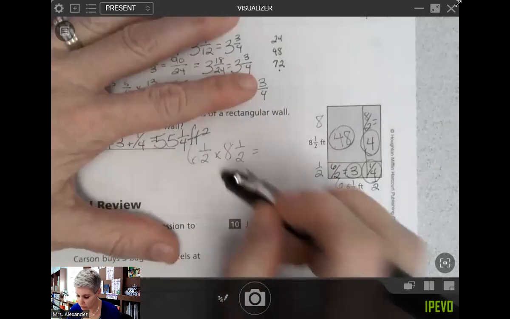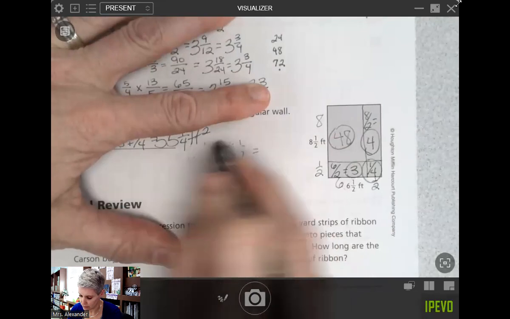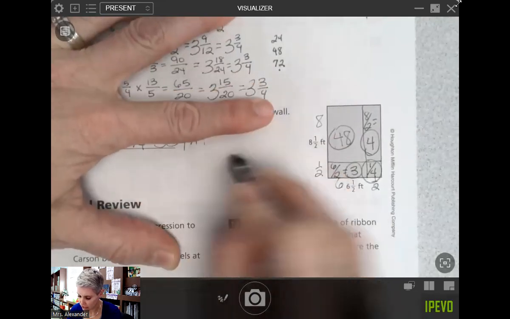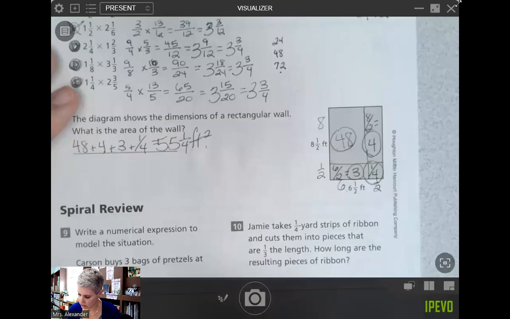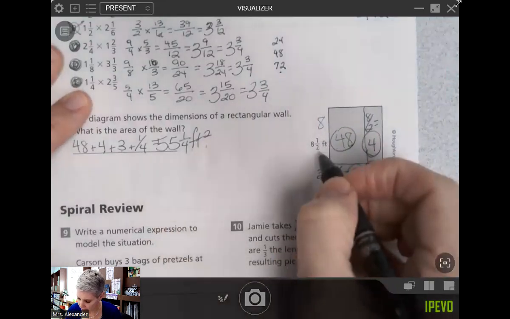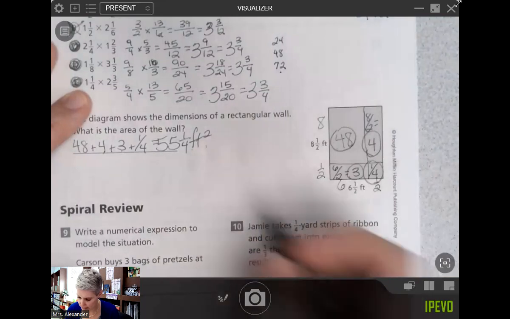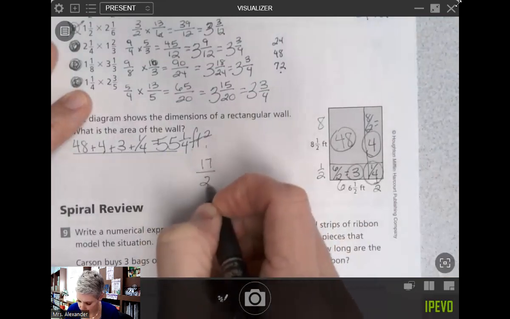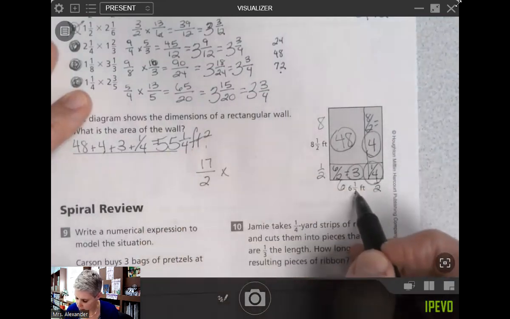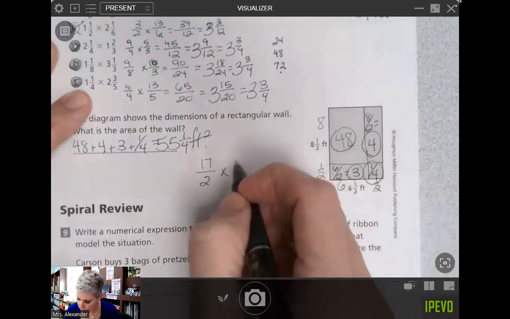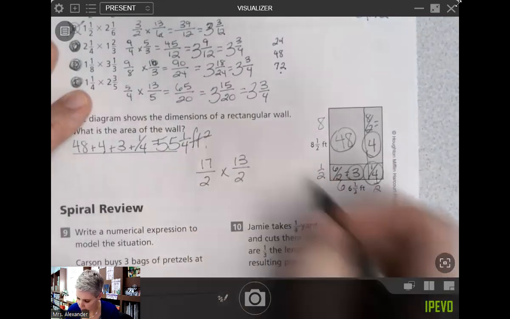If I were to use the Columbia C, I'm going to move this down. I've got some space. I can check my answer. Let's do 8 1/2 Columbia C. 2 times 8 is 16, plus 1 is 17 halves, times 2 times 6 is 12, plus 1 is 13 halves.